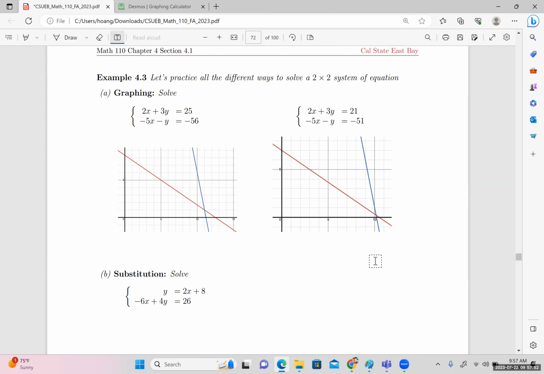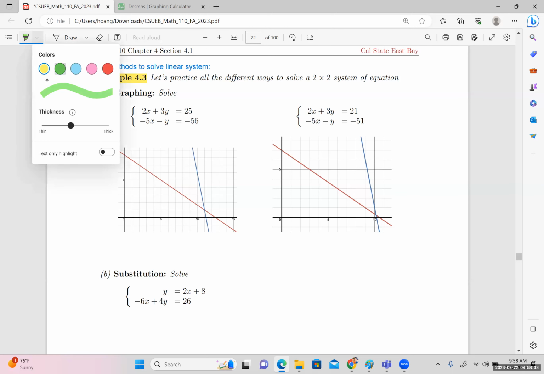Okay, so we're going to learn about three methods to solve a linear system. Let's start with example 4.3, the graphing method.